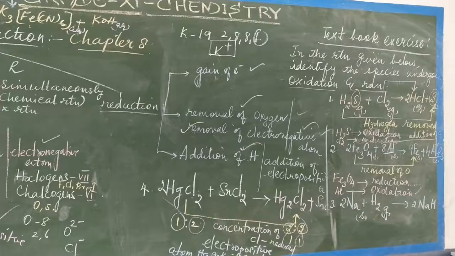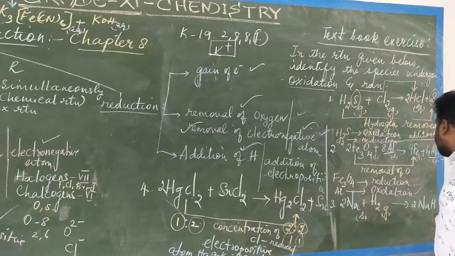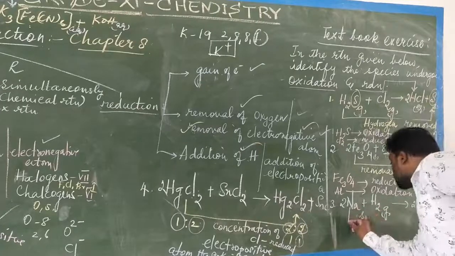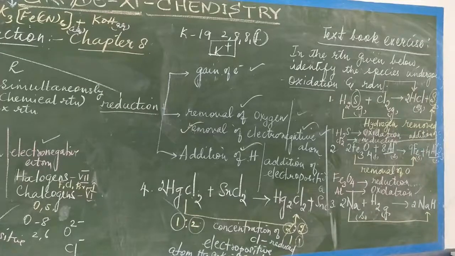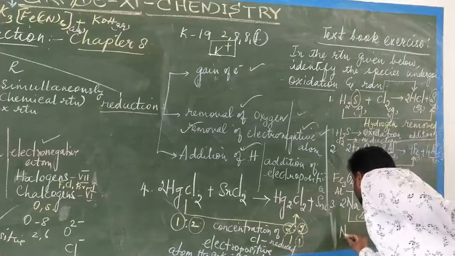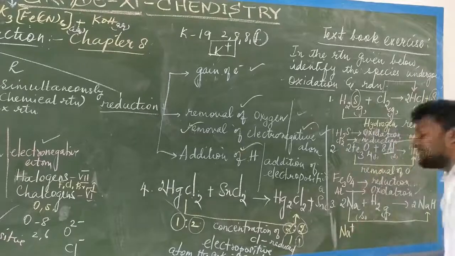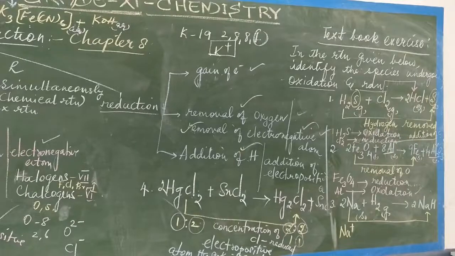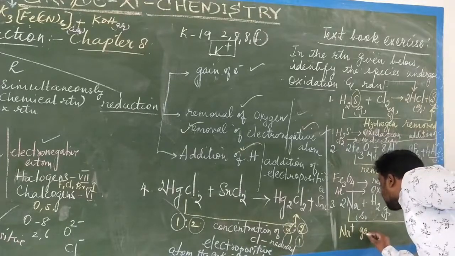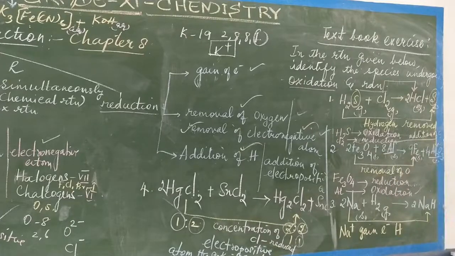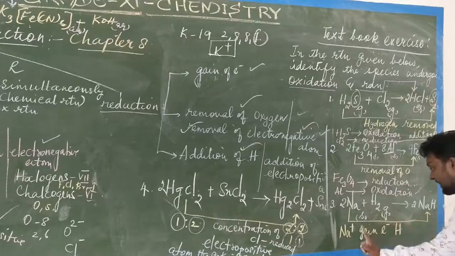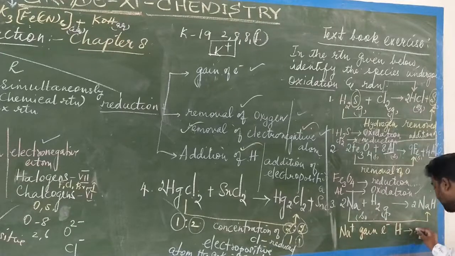Now the next one is sodium and hydrogen becoming sodium hydride. So what has got added to sodium? Hydrogen has got added. Sodium is electropositive, and since it is electropositive, it gains the electronegative hydrogen. Gain of hydrogen has taken place, so I can call it a reduction.